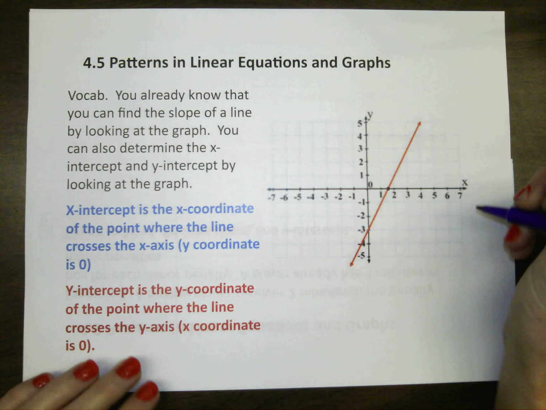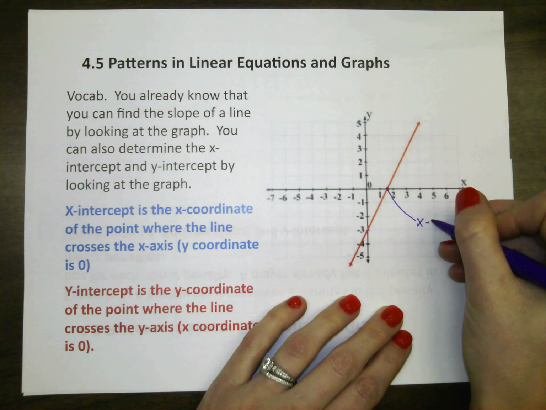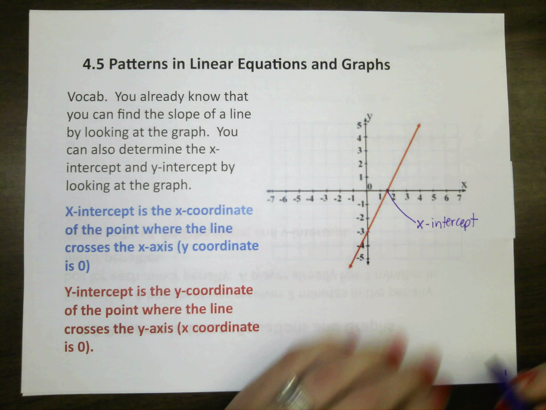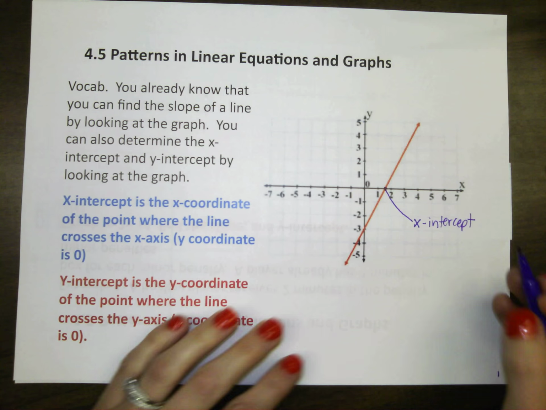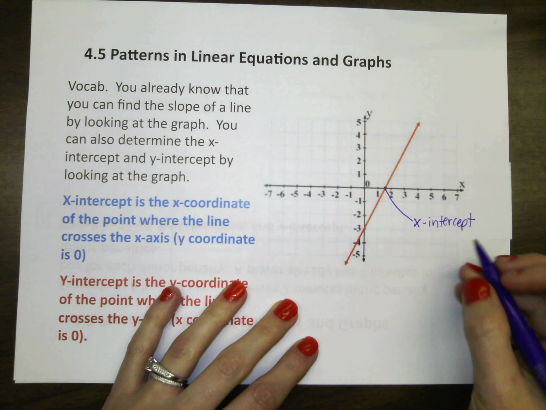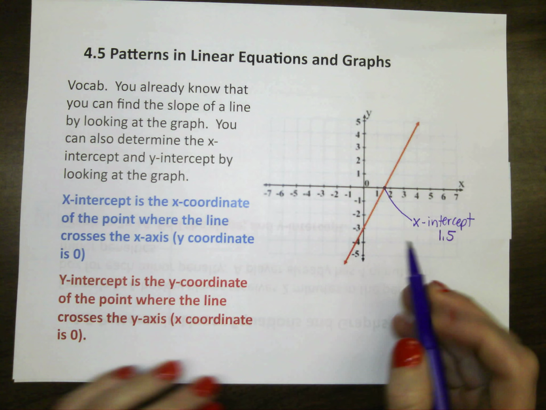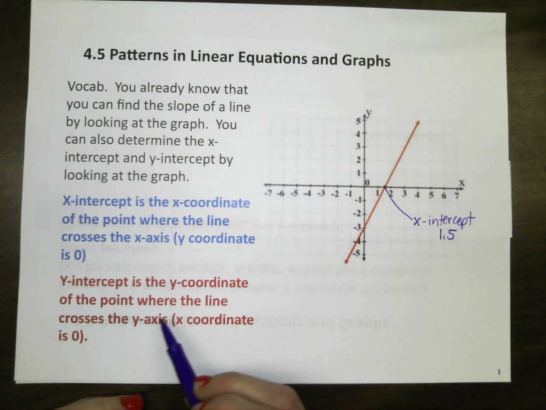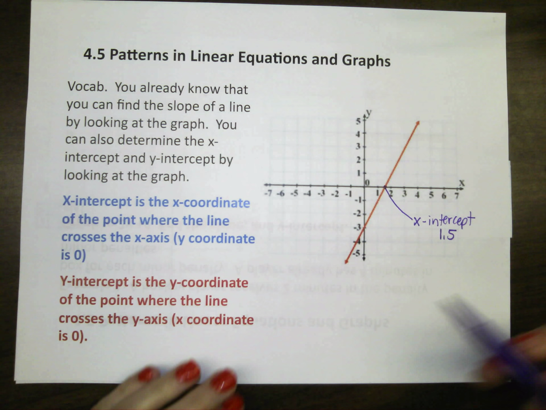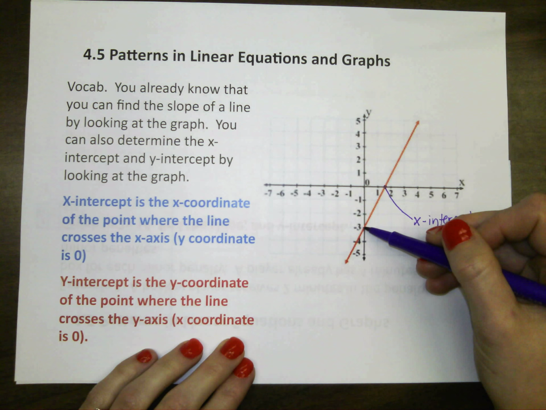So in this case, this point is where it's crossing the x-axis. So this is our x-intercept. And in this case, it would be not at 1 or 2, it's in between, so at 1.5. Our y-intercept is the y-coordinate of the point where the line crosses the y-axis, when x is 0.